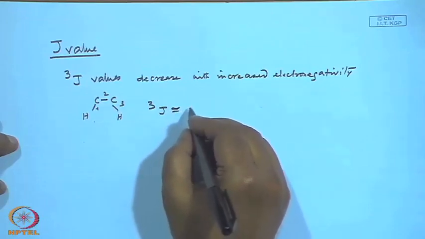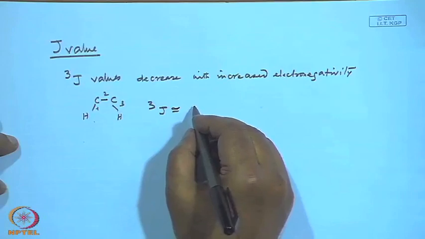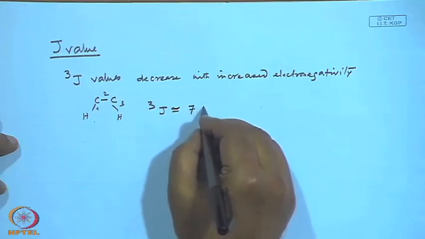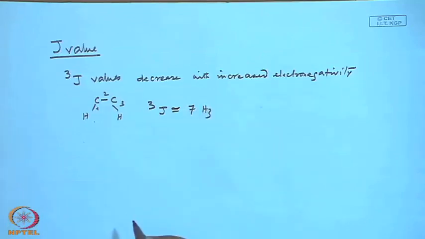As organic chemists you have to remember the coupling constant, 7 Hertz. When I say ethyl ester, you have a quartet and a triplet, but if it is an aliphatic one, the coupling constant has to be around 7.